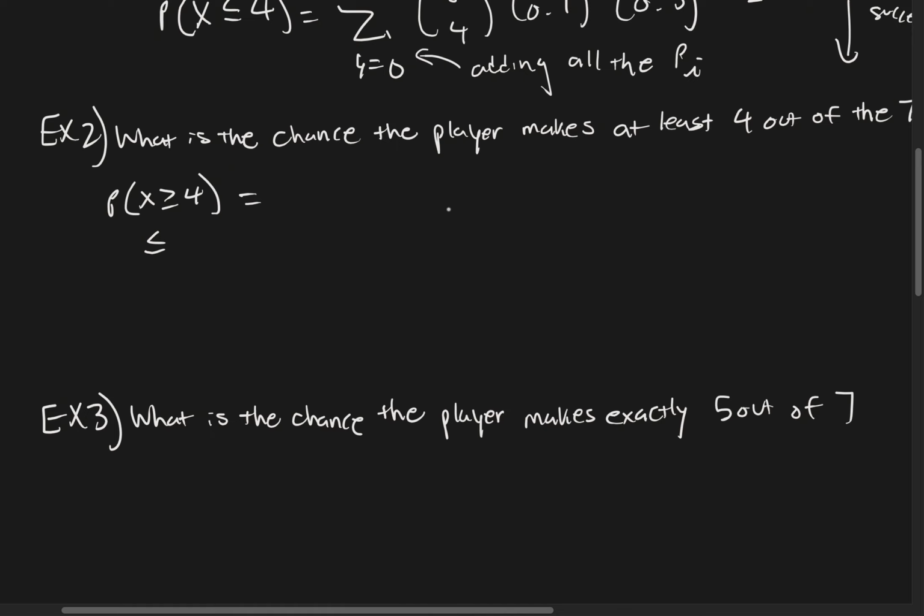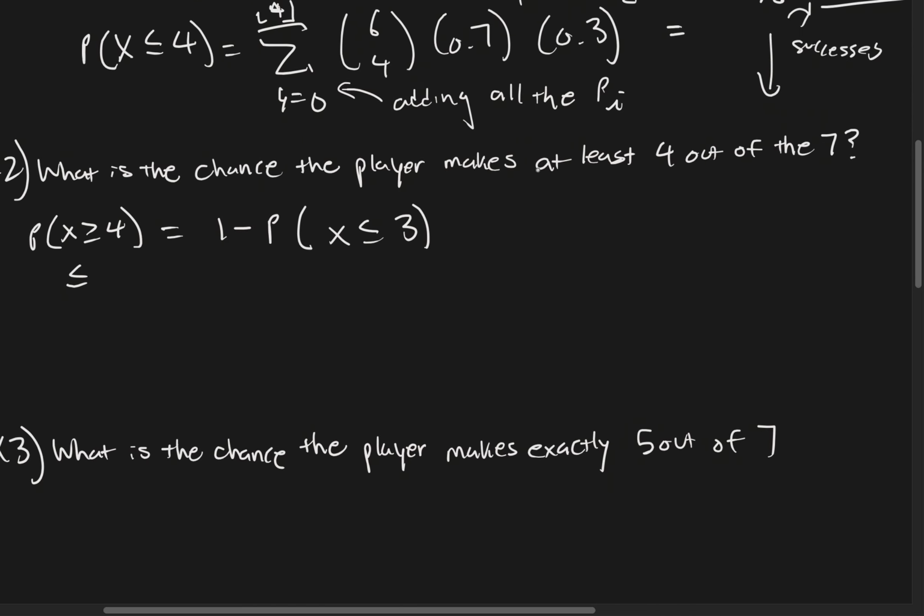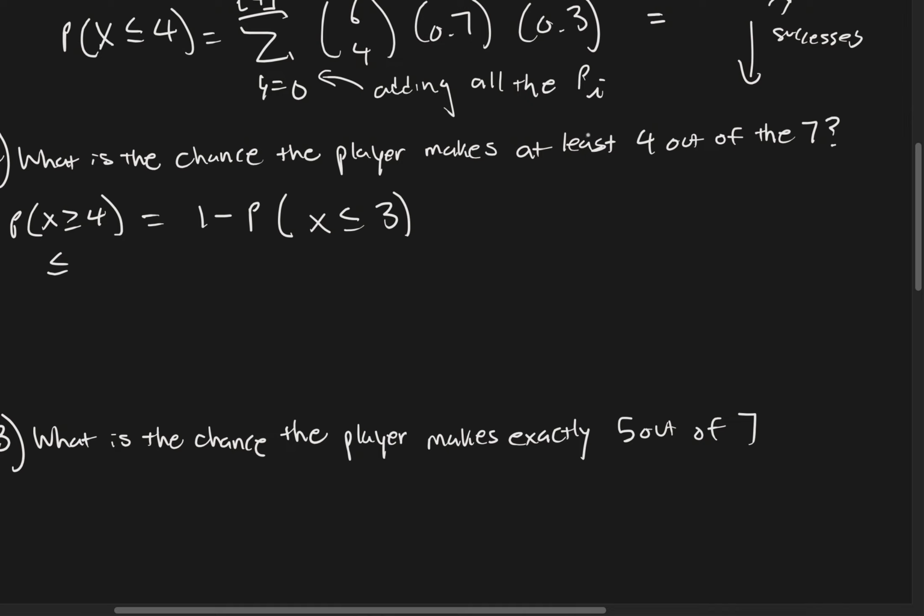Well, it turns out that the probability of the player making at least 4 is actually related to the probability of the player missing equal or less than 3, because if the player makes exactly 4, then the player misses exactly 3.